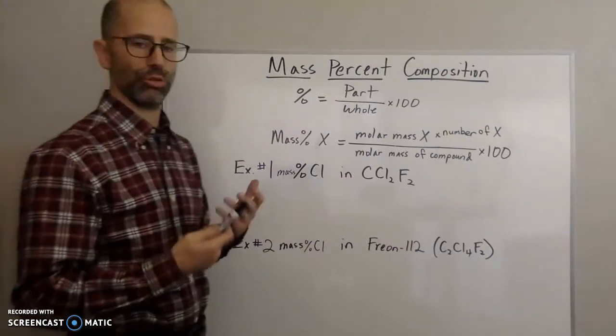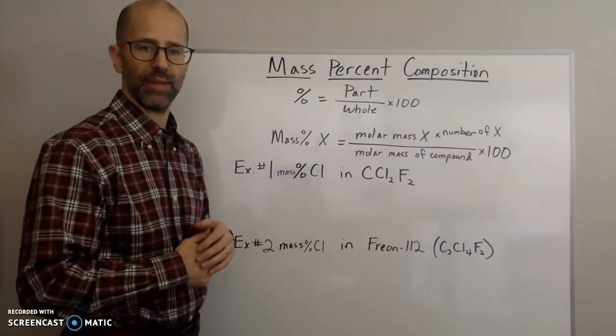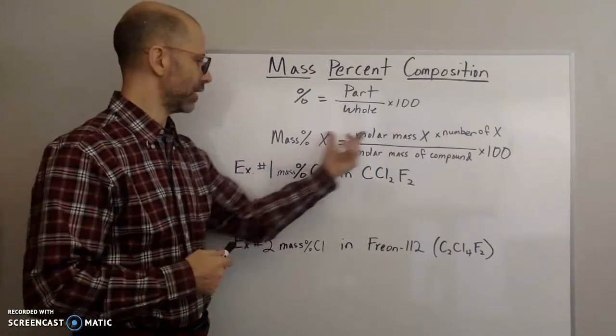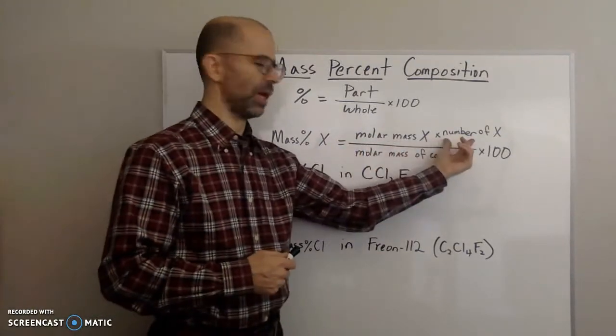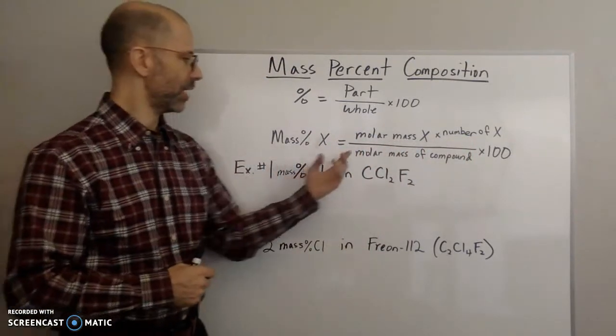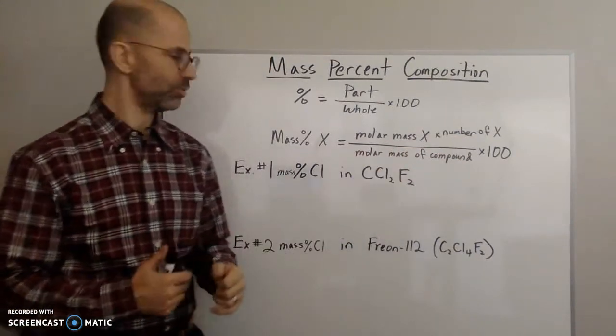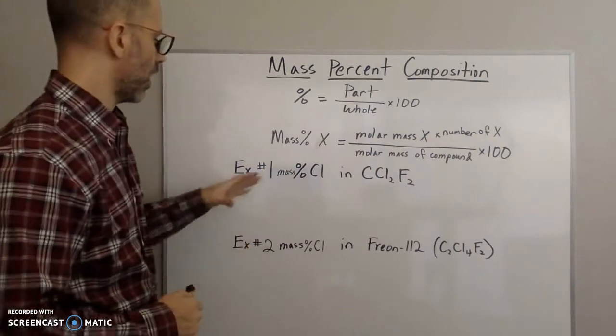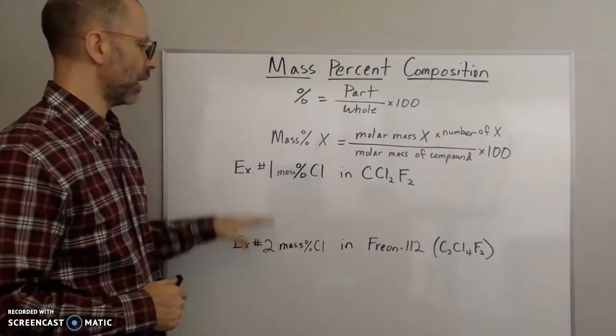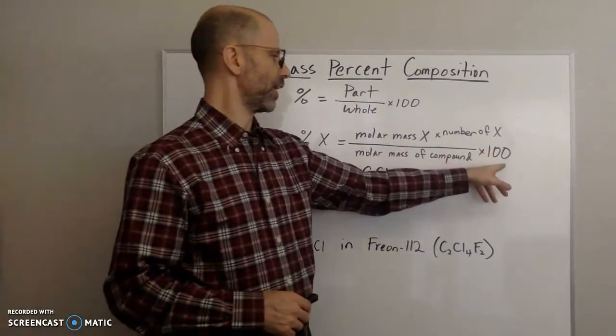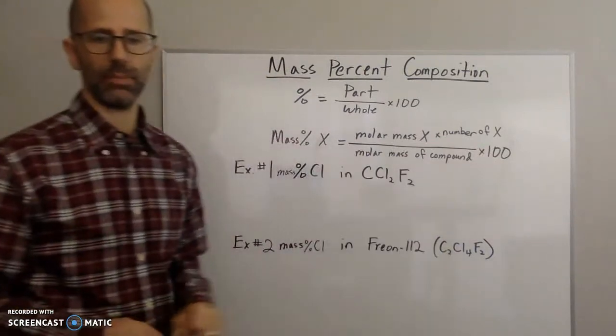So if I have 2 atoms of X in my formula, then I'm going to take the molar mass multiplied by 2, and then I divide by the total molar mass of the compound. So I have 2 examples that I'm going to go over, and then don't forget you're going to multiply by 100 to get the percentage.